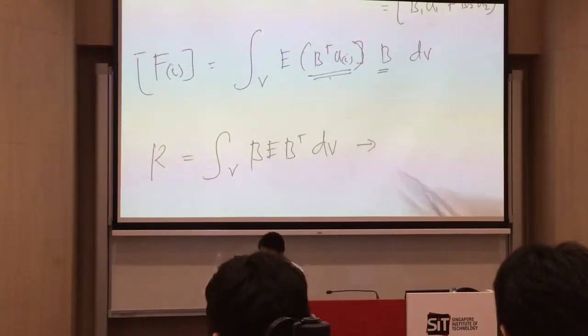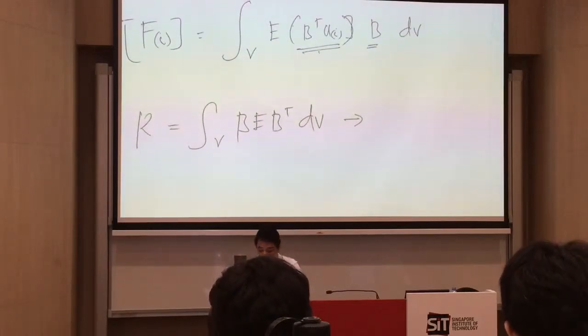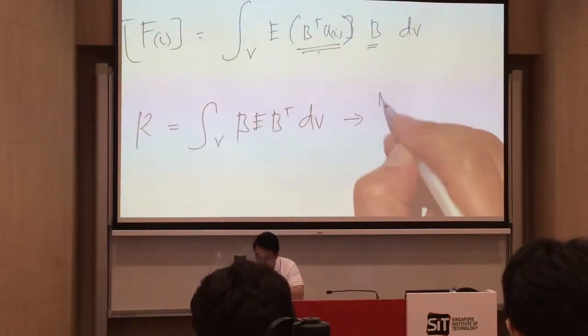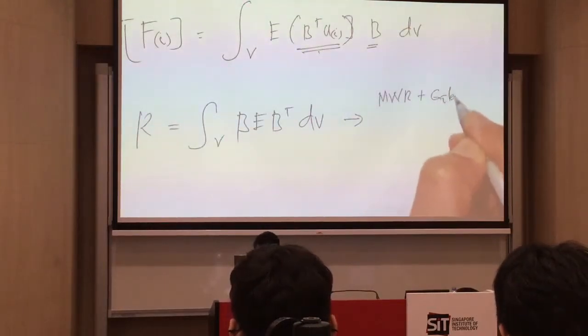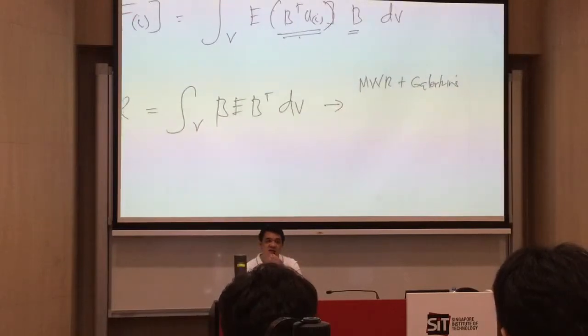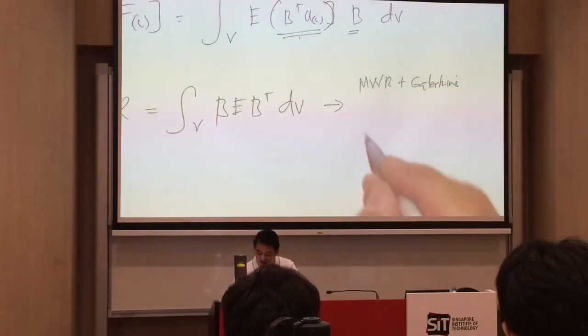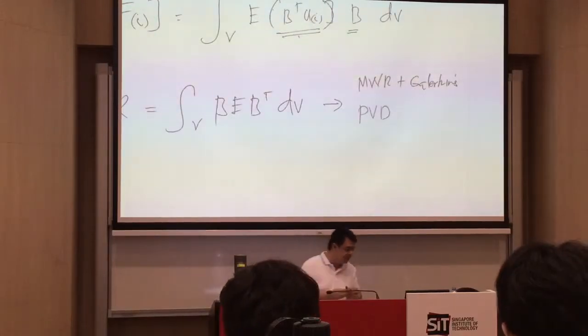What are the methods that we used here? The first method that we use will be the method of weighted residual and your Galerkin's method. And then the current one that we discussed is the principle of virtual displacement.